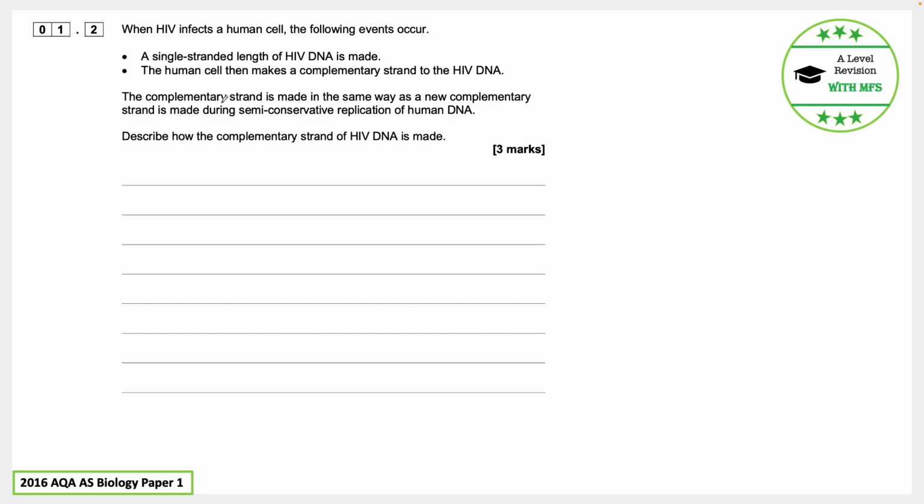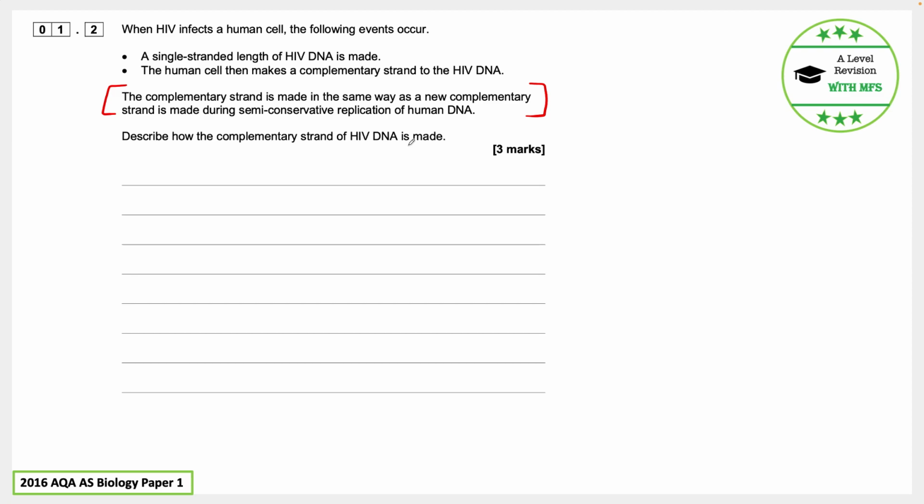Okay, so this is basically relating back to the nucleic acids unit, which you should have done as one of the first units. And it's telling you that the complementary strand is made in the same way as a new complementary strand is made during semi-conservative replication.